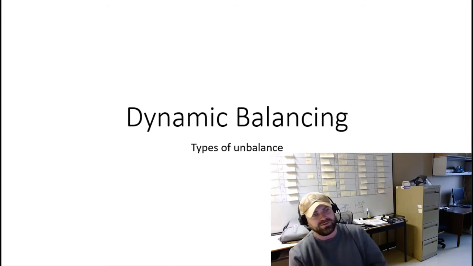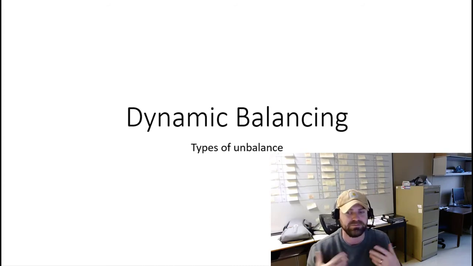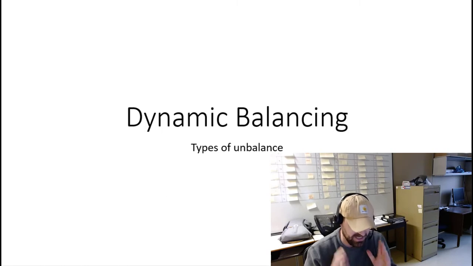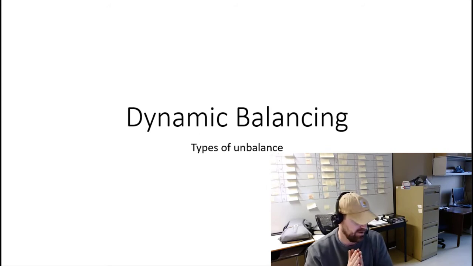So we looked at the causes. Now we have to figure out, when we have a cause, what type of imbalance it is. We need to know that before we start making corrections to the unbalance of a rotating piece.